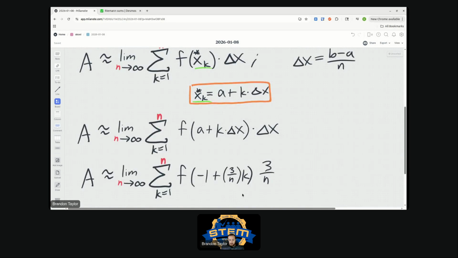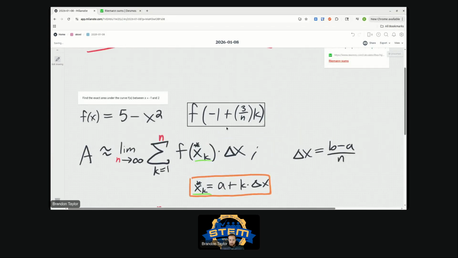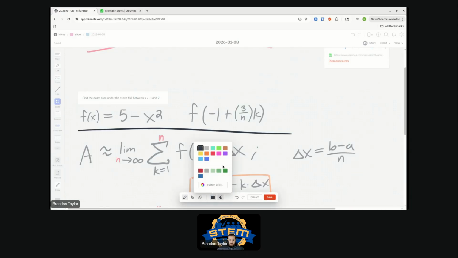Well, the trick here, because this is essentially what we need to figure out now, right? If you want to compare these, the way to think about it is that we just have a new input. We used to have an input of just x. That's kind of like our placeholder. Now we have an input of this whole thing. So what's the rule? Wherever you see x in the original, you just replace it with this entire thing in here, which is a whole other formula, but in parentheses.